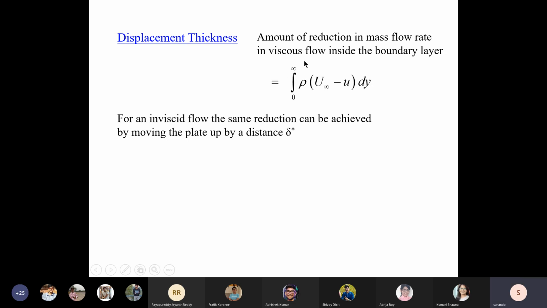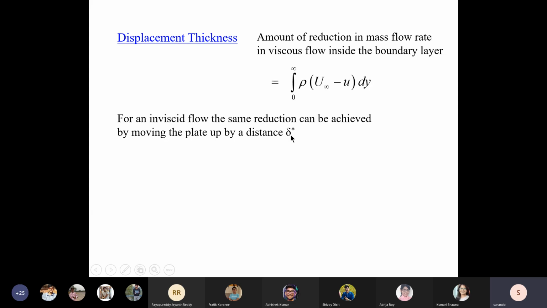So if you'd like to equate this situation with the inviscid flow, what we need to do is raise the platform, what you have seen in the previous figure, raise the solid platform, let's say by a yet unknown distance delta star.